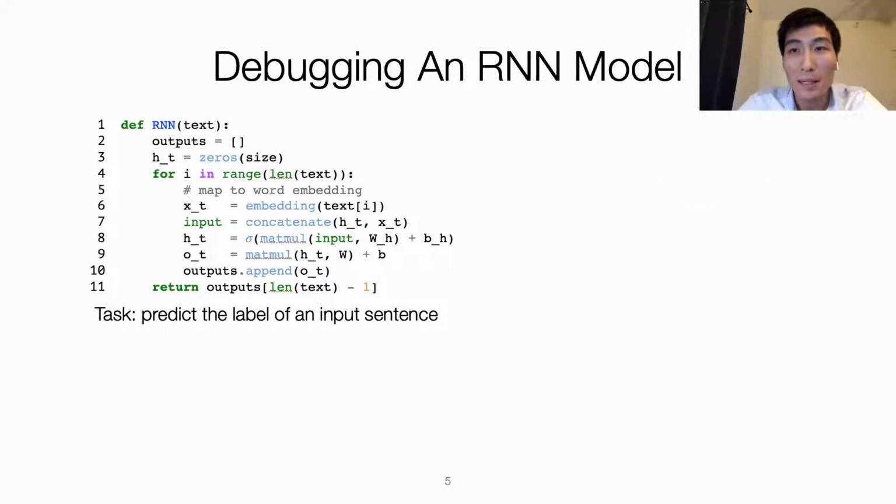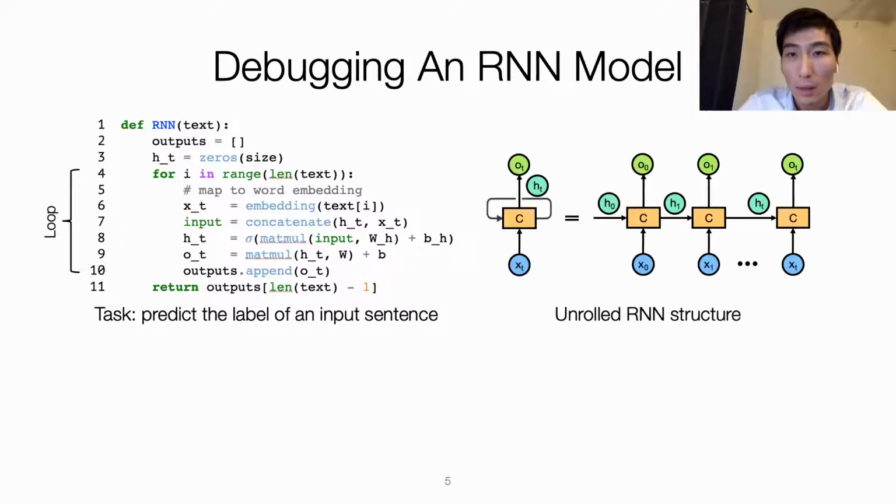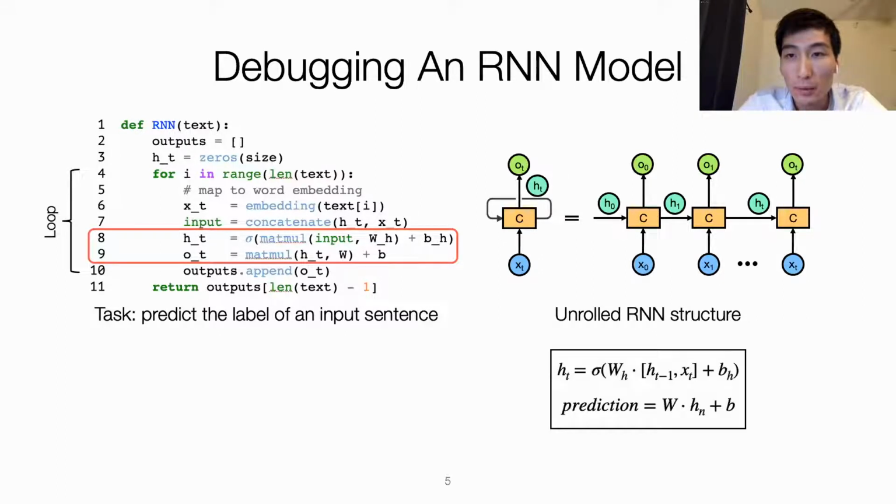Suppose we try to debug an RNN model whose code implementation is in the following. The task of this code is to produce some label given an input sentence. There is a loop in the code. We show the RNN model on the right and also unroll the loop to individual steps. Each step computes the equations in the box, which are mathematical representations of line 8 and line 9.